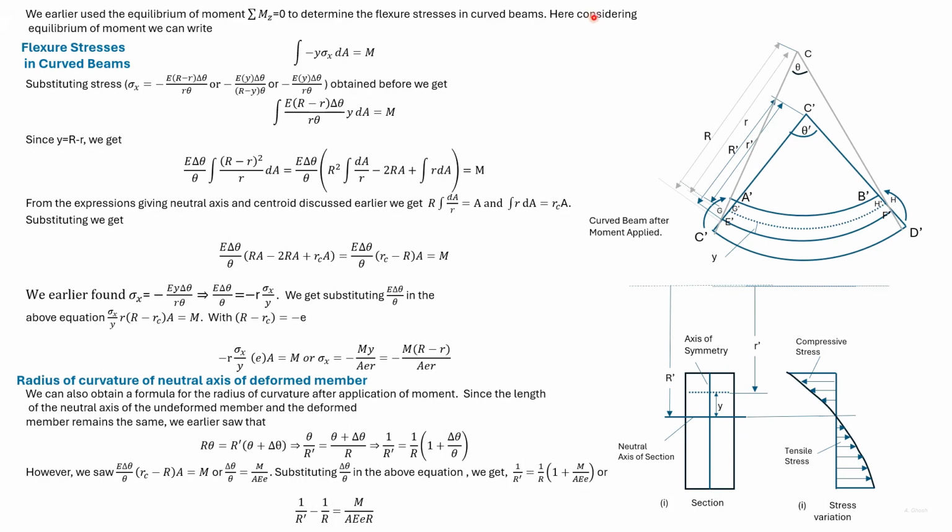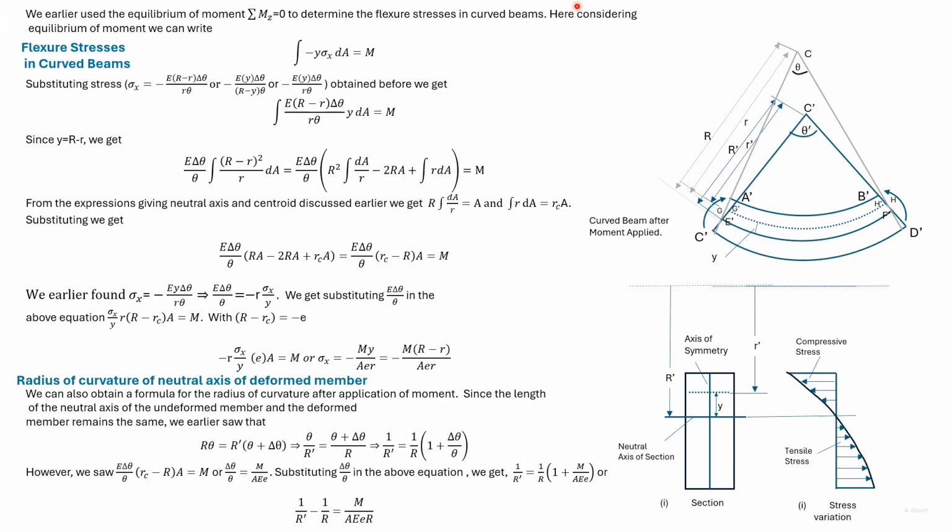We can find the radius of curvature of the neutral axis after load has been applied. The length of the neutral axis does not change. So we earlier found r theta is equal to r dash theta dash. Here we have written theta dash as theta plus delta theta.